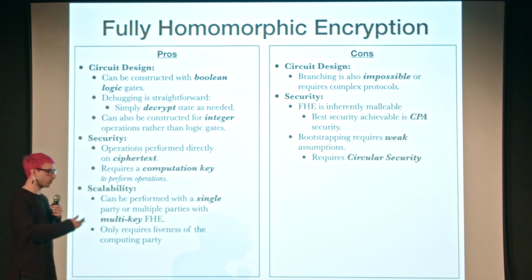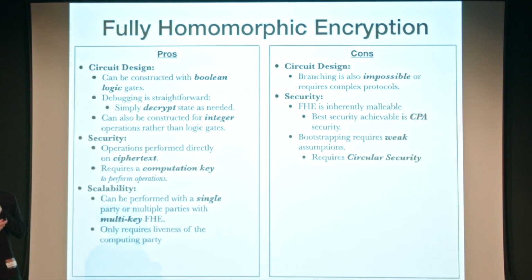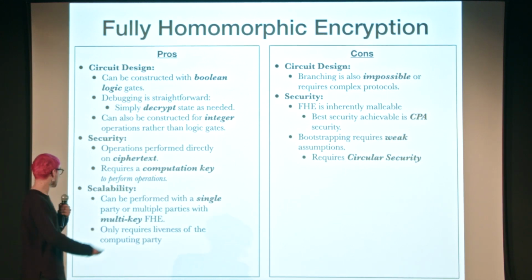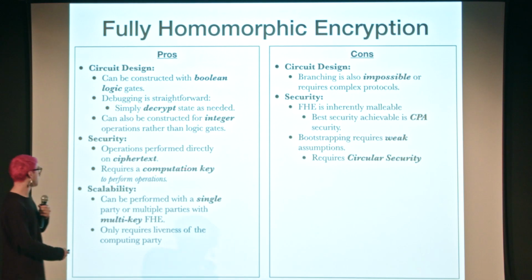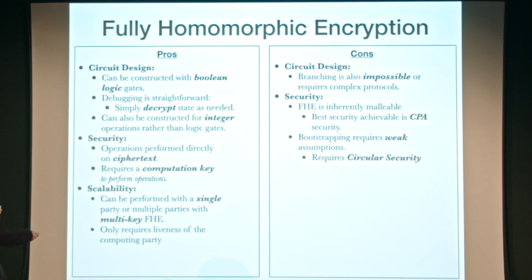But bootstrapping, just to give a very brief overview, it gets really technical really fast. To actually perform this computation, like I was saying, it requires the computation key. That computation key is an encoding of the actual encryption key. So when you perform a fully homomorphic encrypted operation, you use a bootstrapping key that's also called the computation key.